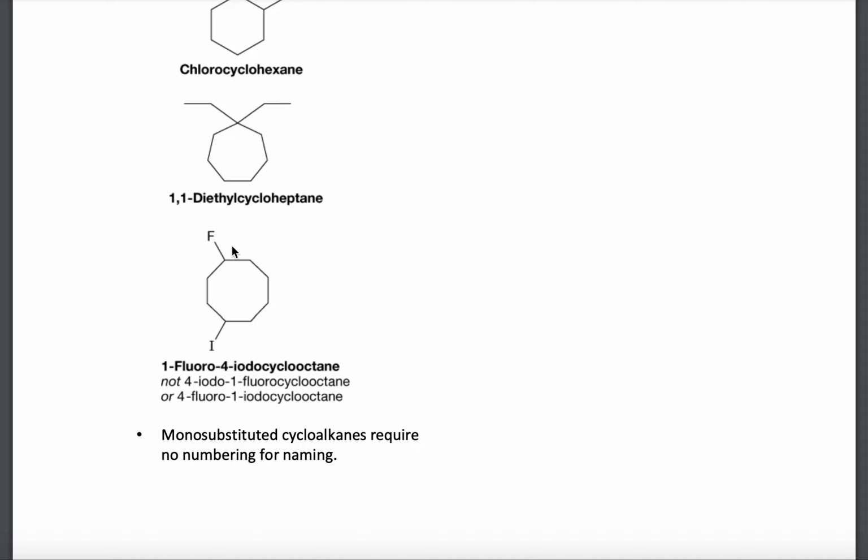This one has 8 carbon in a cyclic structure. So you put number 1 on the fluoro because F goes before I. 1, 2, 3, 4. So that's why you have 4. You don't want to go the other way because it's further. Okay. So 1-fluoro, 4-iodo, cyclooctane.